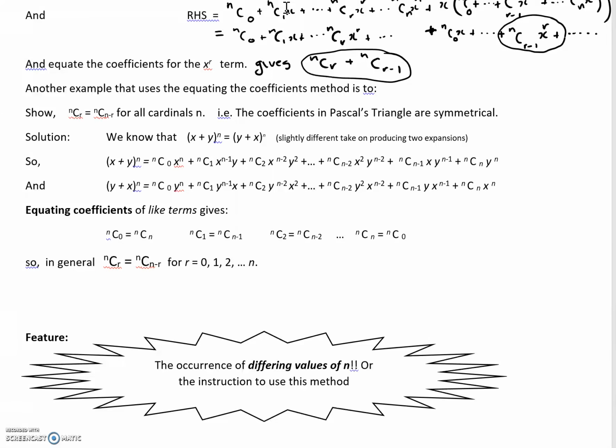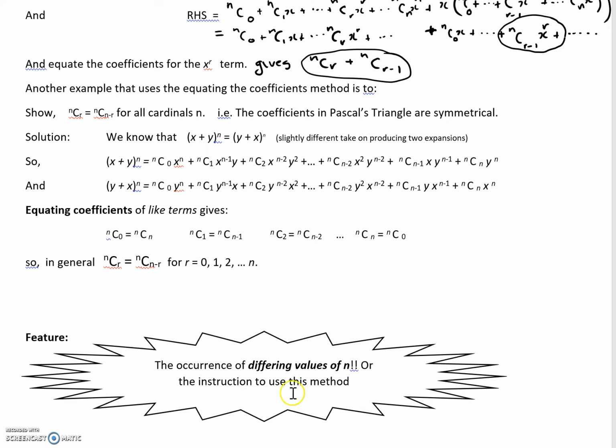Still using the same principle of equating the coefficients, and like we saw previously, we can match these up and then show that the coefficient of the x to the r term ends up being this pair.